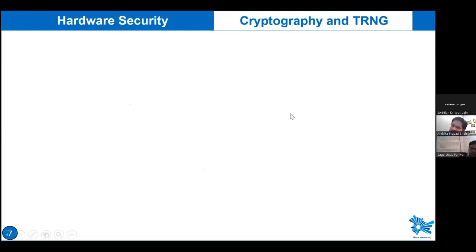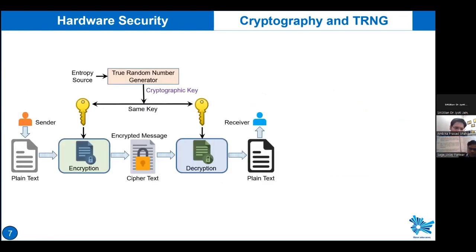The next thing is cryptography and the TRNG. If you want to encrypt your data, you need encryption. Let us assume I have this data, the plain text which you want to encrypt. To secure information, you need to encrypt it, right? And for encryption, you need a secret key.